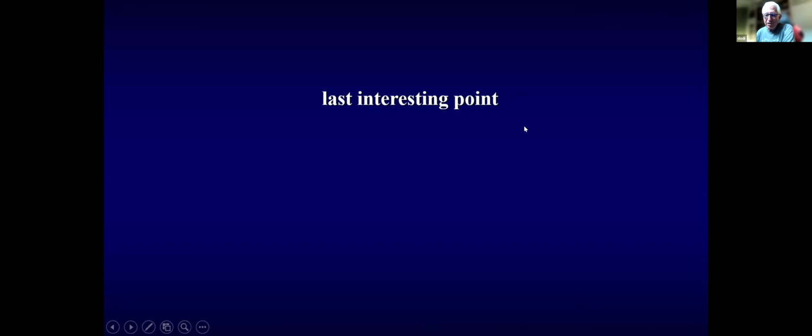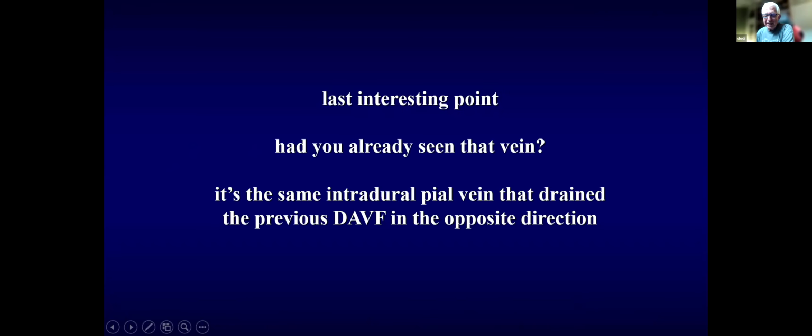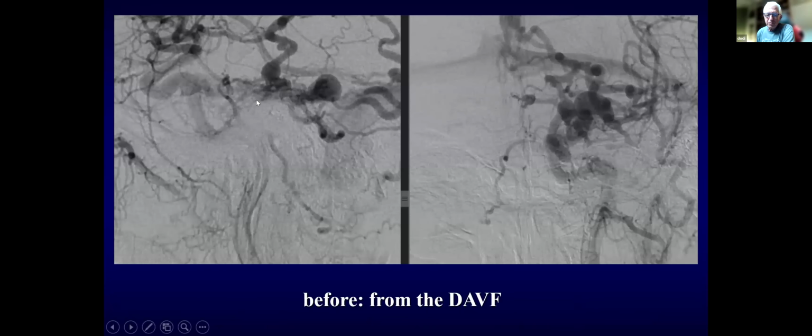The last interesting point of this case, had you already seen that vein? It's the same intradural pial vein that drained the previous dural AV fistula in the opposite direction. So before, when there was a dural AV fistula of the petrous bone, we had seen that vein coming from the fistula and going down.